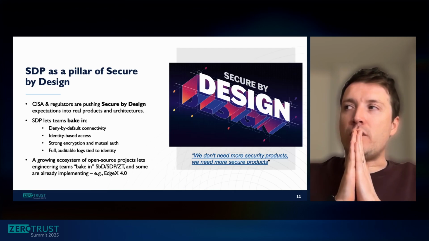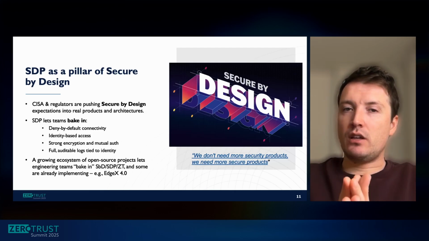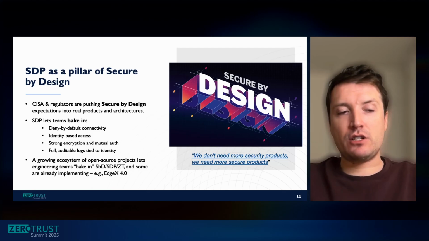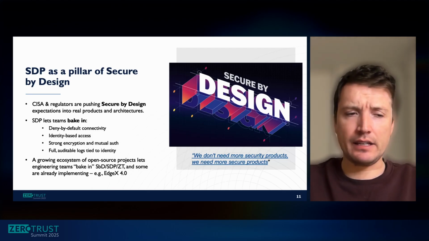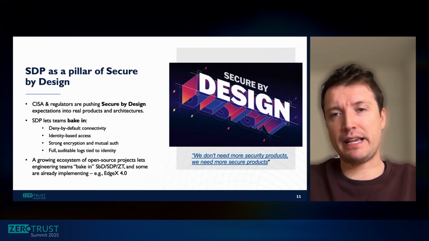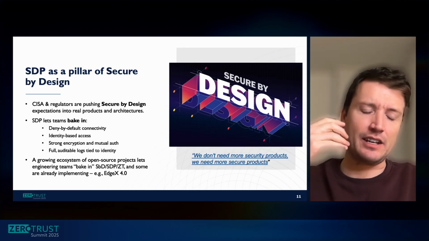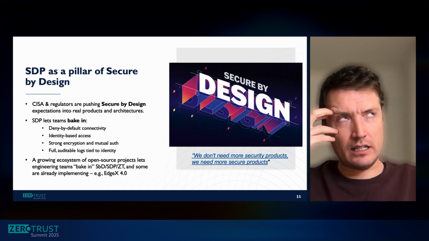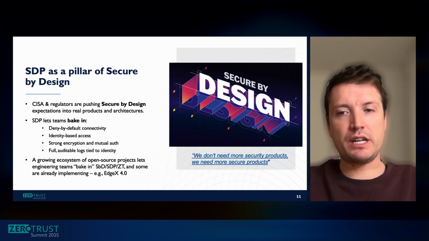We then very much wanted to include a short section on secure by design. This is very much a part of CISA, and the objective is to make our applications, well, as it says on the label, secure by design. Funnily, Jen Easterly last year was talking about how we don't need more security products, we need more secure products.